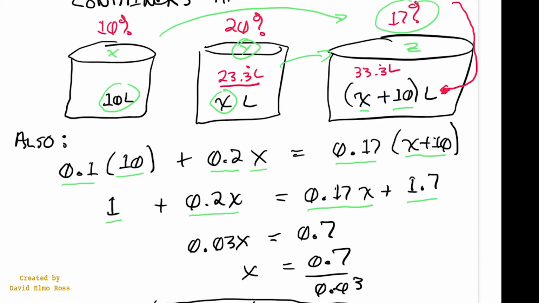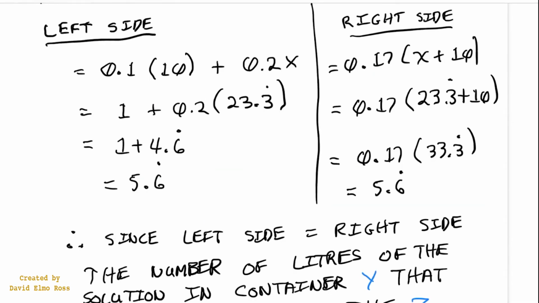Let's check to make sure that works properly by checking the left side of our equation against the right side and making sure that they are equal. If we take a look at the left side of our equation, we have 0.1 times 10 plus 0.2x. If we multiply these out, we get 1, and we get 0.2 times 23.3 repeated, which ends up being 5.6 repeated.